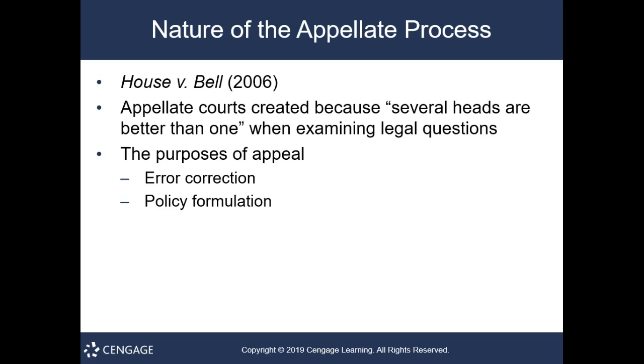And then policy formulation is where we actually create ways in which the criminal justice system will have to operate in the future to make sure that they don't run afoul of the Constitution, the right of fair trial, all these things. They become very important. So those are ways to do it.